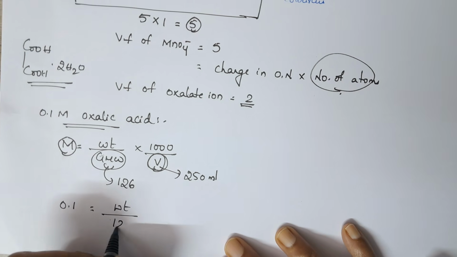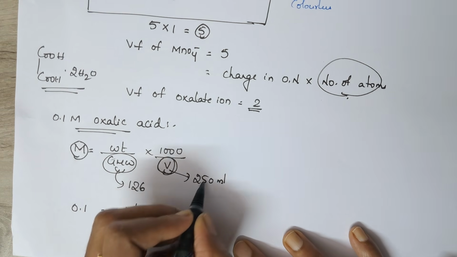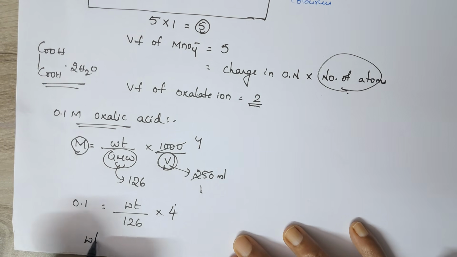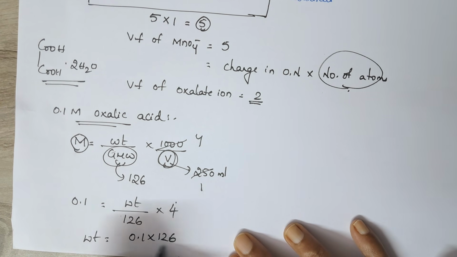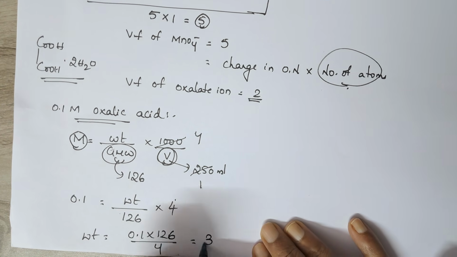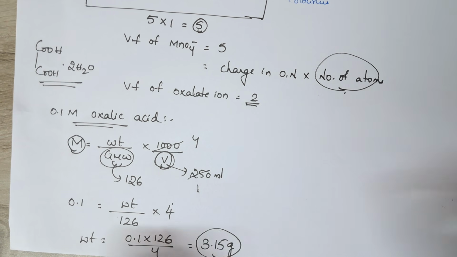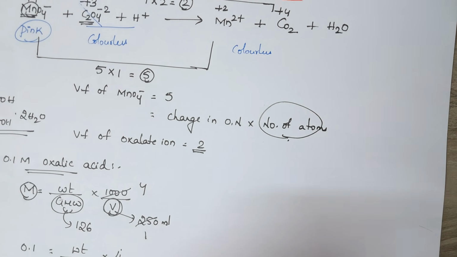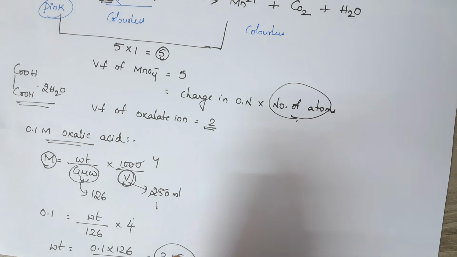Weight is equal to 0.1 into 126 divided by 1000 by 250, which is 4. So weight is equal to 0.1 into 126 divided by 4. Upon calculation, we get 3.15 grams. So 3.15 grams we have taken and dissolved in a 250 ml volumetric flask.